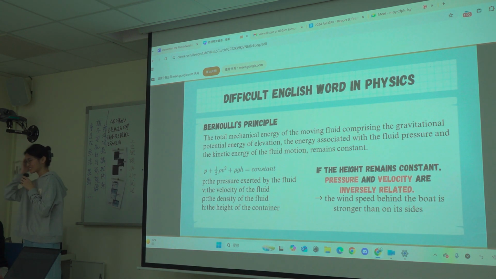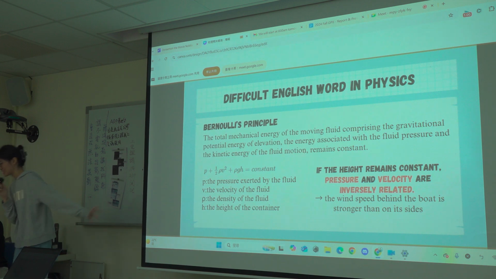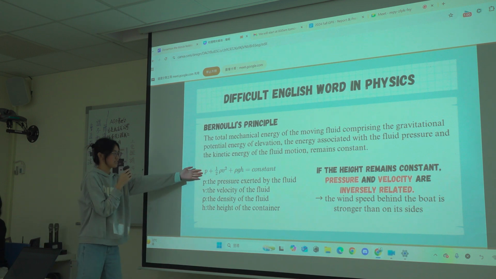The difficult English word in our physics is Bernoulli's principle. It talks about the total mechanical energy of the moving fluid: the gravitational potential energy of elevation, the energy associated with the fluid pressure, and the kinetic energy of the fluid motion remain constant, and this is its formula.